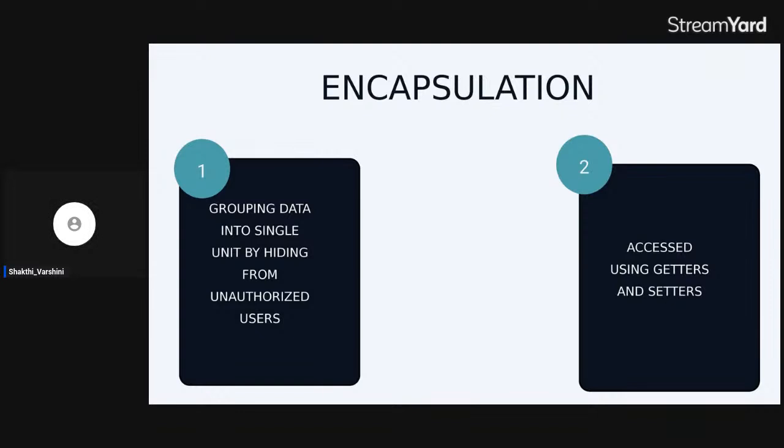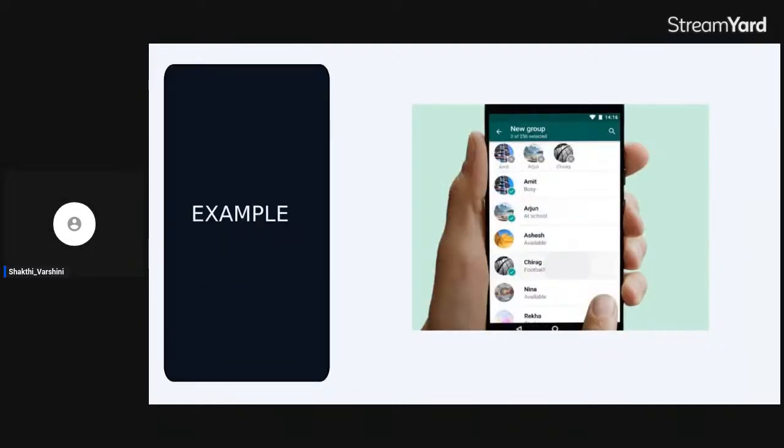So encapsulation is similar to what we said about how it is used in WhatsApp. I'll show it in the next slide. And also, second, it can be accessed using getters and setters. I'll say more now, but in the next slide we'll see it briefly.